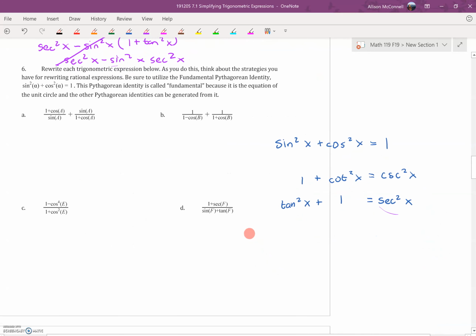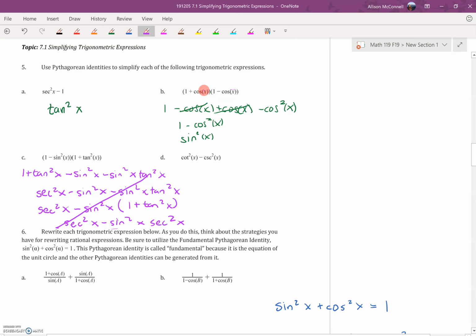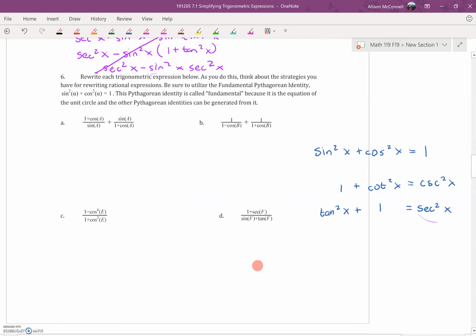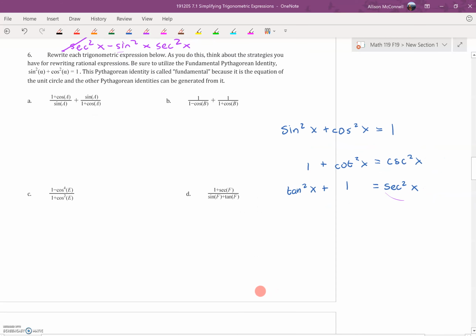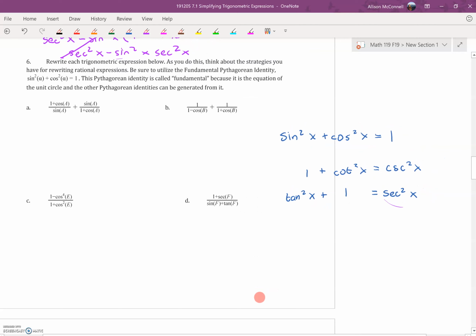I'm going to be looking for things, for example, I see that this is a difference of 2 squares. Therefore, the idea of the complex conjugates might be helpful there. So we will do one of these for you. But again, we're really going to leave it to you to make sure that you're working through these.